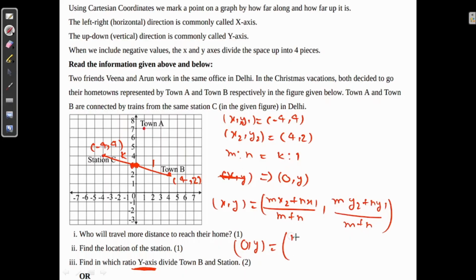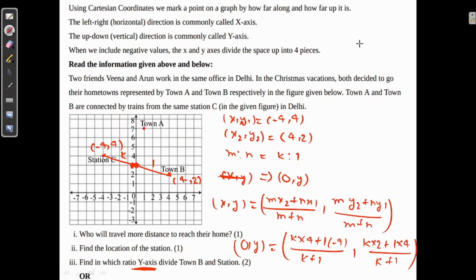You can see it is k. x2 is 4, so k into 4 plus n, n is 1. The value of x1, as you can see, is minus 4. I will keep the negative number in brackets. m is k, n is 1, comma, m is k. The value of y2, as you can see on the board, is 2. The value of n is 1. The value of y1 is 4. m is k, n is 1.